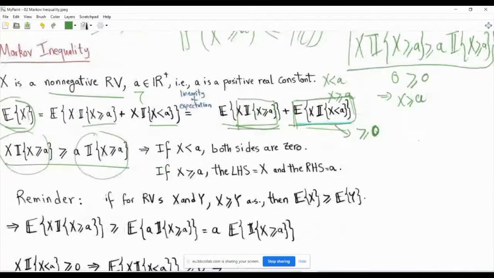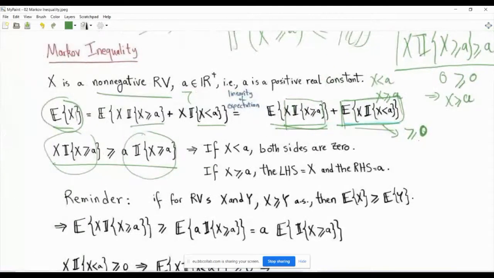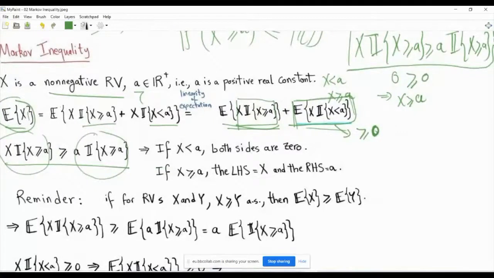The indicator function is 0 or 1, and we start with a non-negative random variable. So expected x is equal to this first expectation plus a non-negative quantity. So we know that expected x is greater than or equal to the expectation of x indicator x greater than or equal to a.